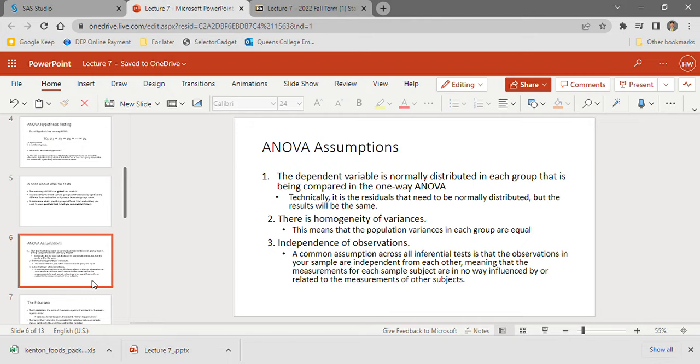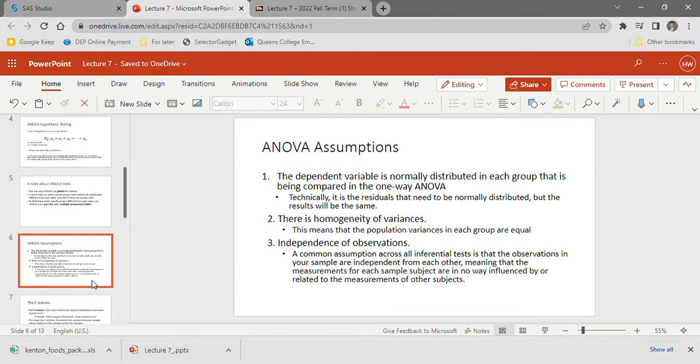There is homogeneity of the variances, right? Meaning that the population variances should be equal or very close to equal, right? Again, this is pointing at, we don't want big outliers in the data. We don't want the data being very skewed, skewed in one direction. All of this should be normally distributed. These are the assumptions that we are making, right?